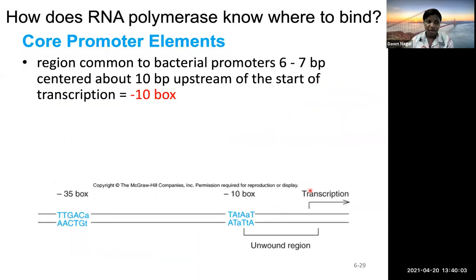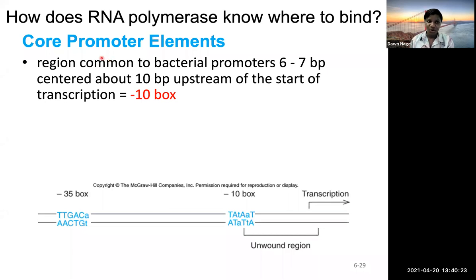Okay. How does RNA polymerase know where to bind? As I mentioned, it's scanning along the promoter. It's looking for certain sequences. We know what these sequences are because we've studied many promoters in genes, and we know what types of sequence are present where the RNA polymerase is bound.